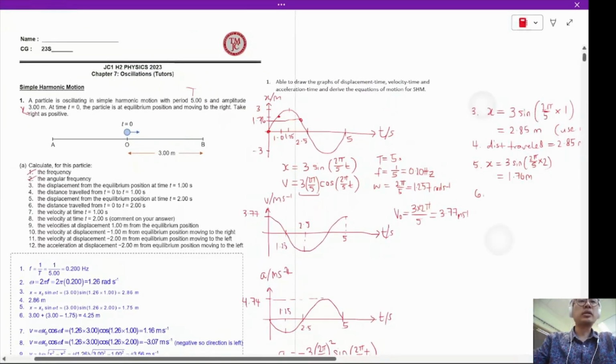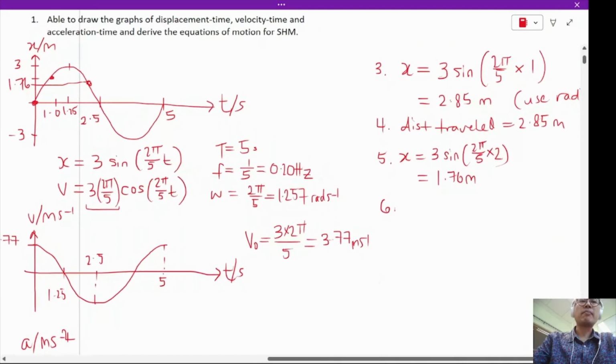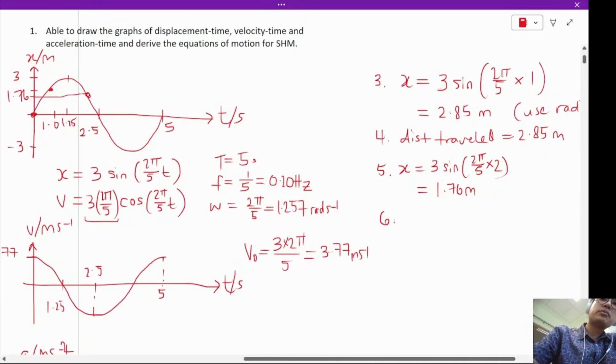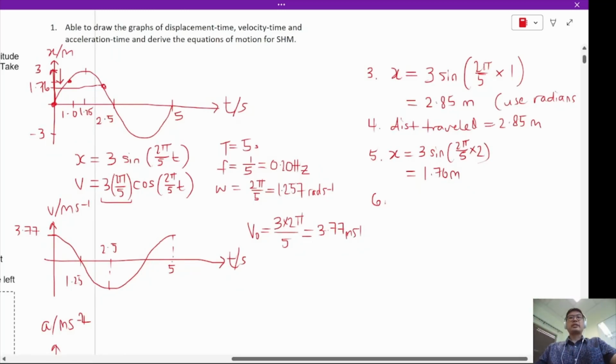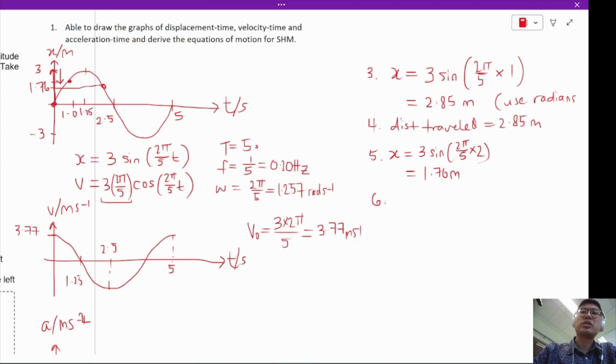Okay, 1.76 meters. So what about the distance traveled? What is the distance traveled to 2 seconds? Now, how far did the object travel? The object went all the way to the right, 3 meters, then it came back to 1.76 meters. So the distance traveled will be equal to 3 meters plus a little bit.